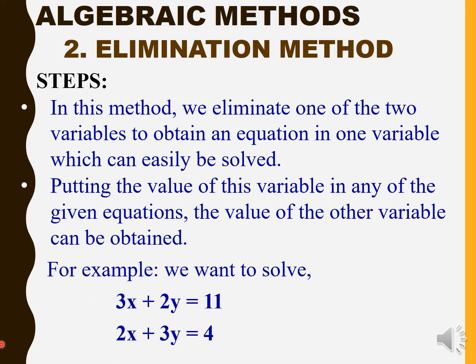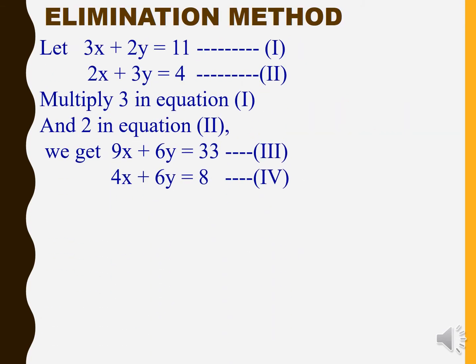So, let us take the example of these two equations. 3x plus 2y equals 11 and 2x plus 3y equals 4. Let the equations be 1 and 2. Now, to eliminate one variable, what we can do is multiply the first equation by 3.